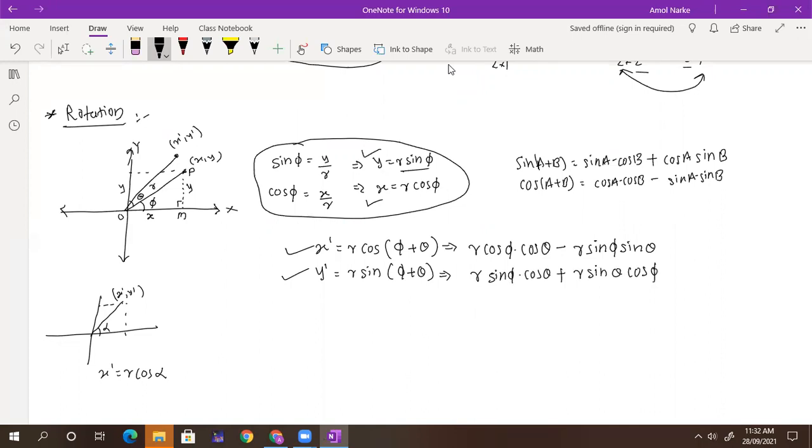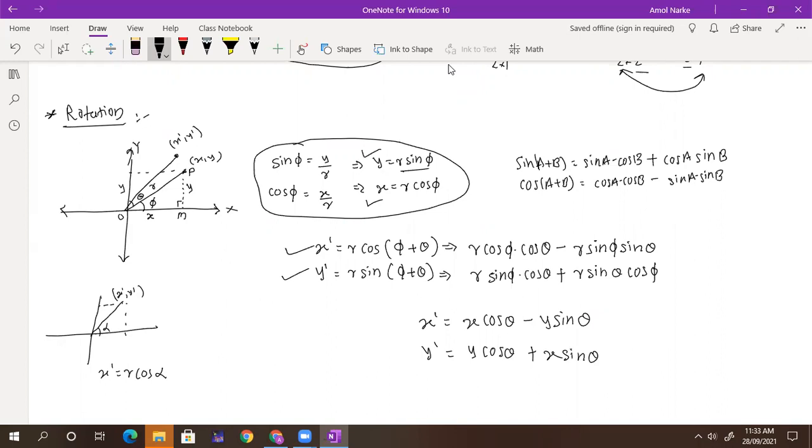Now tell me what you will get x dash as. X dash, r cos phi is nothing but what? X. So you are getting x cos theta minus y sin theta. Check it out. And y dash, what will you get? R sin phi becomes y, so here y cos theta plus x sin theta.